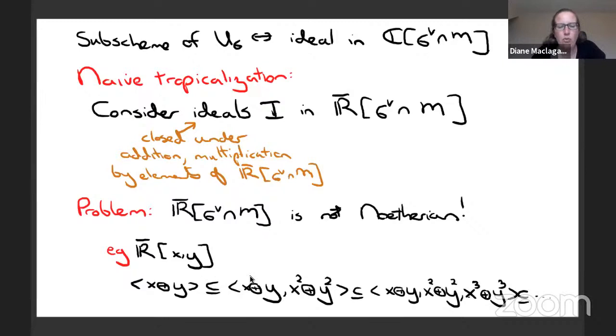Just to be clear, why are these first 2 ideals not the same? This is because we don't have subtraction in tropical geometry. If I look at anything of degree 2 in this first ideal, it's going to come from something times x plus something times y times this, where all the operations are tropical operations.